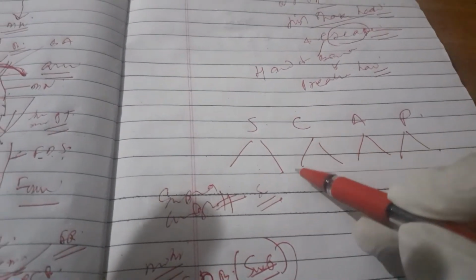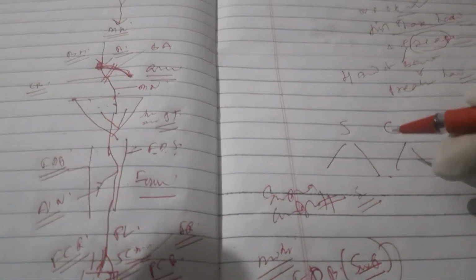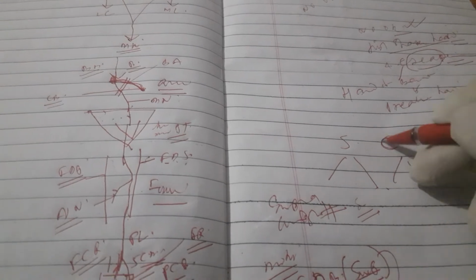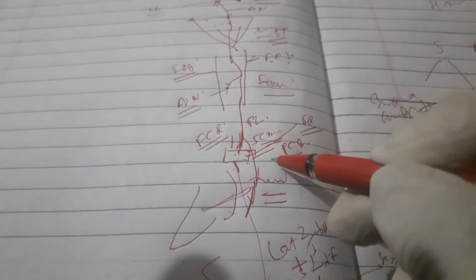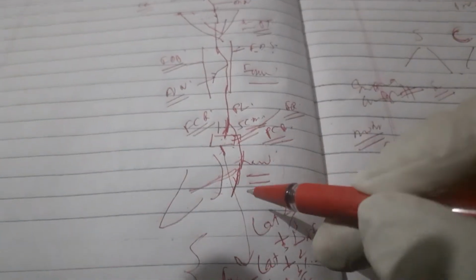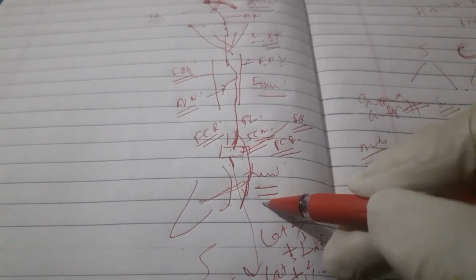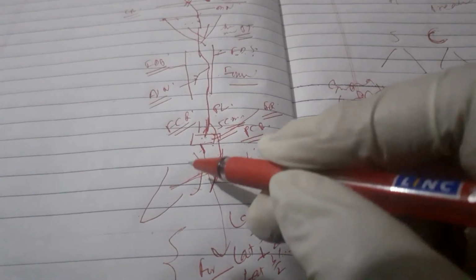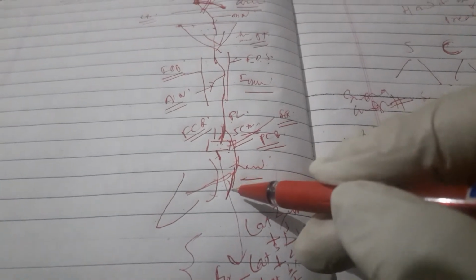And C for carpal tunnel syndrome. We have already read that all the muscles which are supplied after that, the first lumbrical and second lumbrical, will be paralyzed, and the thenar muscle atrophy will be there.